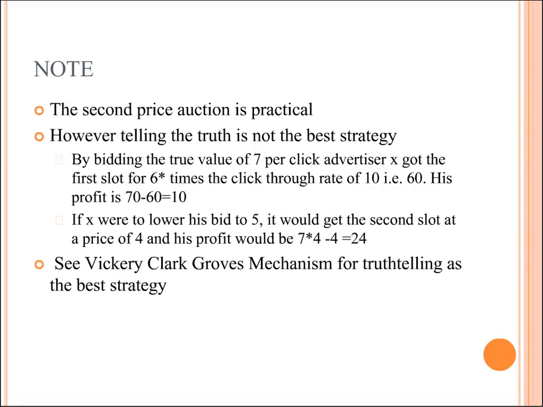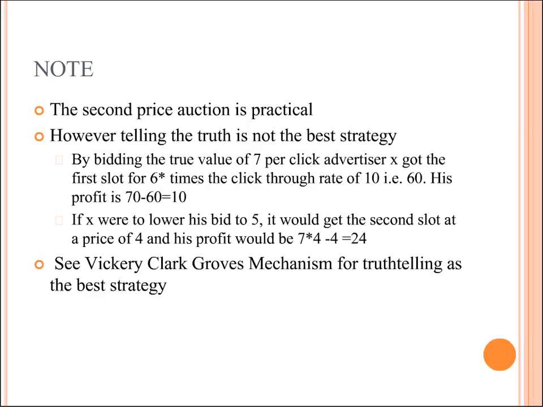And you can see this from the example here. By bidding the true value of 7 per click, advertiser X got the first slot for 6 times the click-through rate of 10, so for 60. So his profit was 70 minus 60, which equals 10.